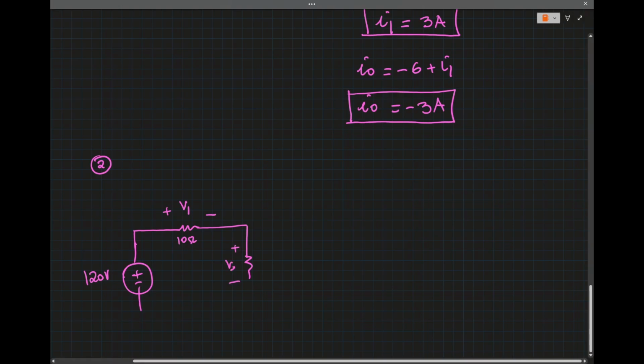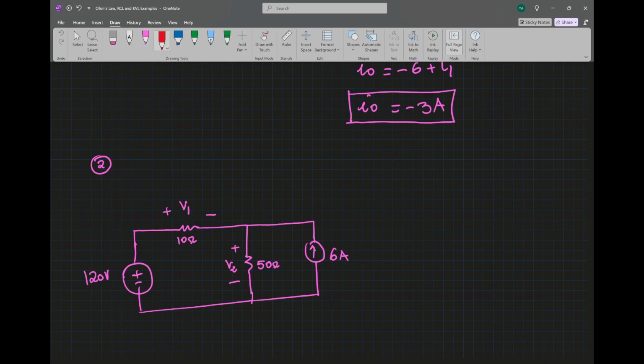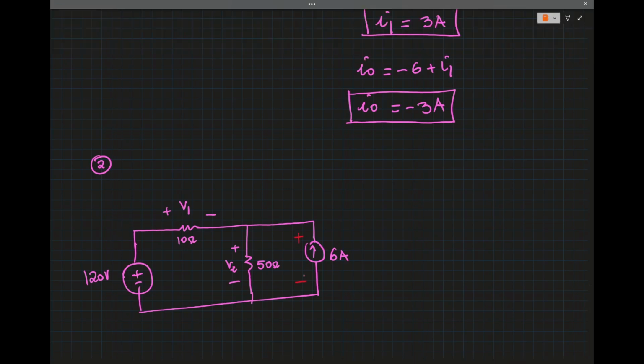I call this V2. That's how I call it. I call it the 50 ohms. And the current source is 6 amps. Okay, so the voltage here will also be V2.